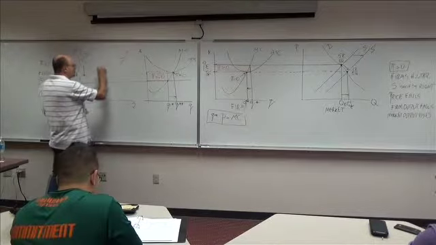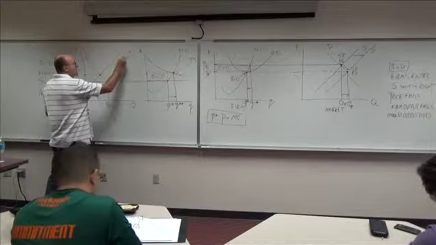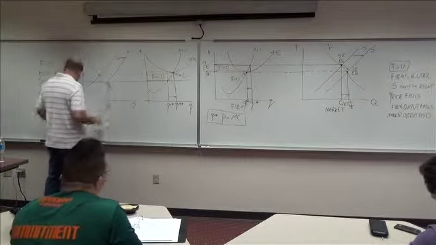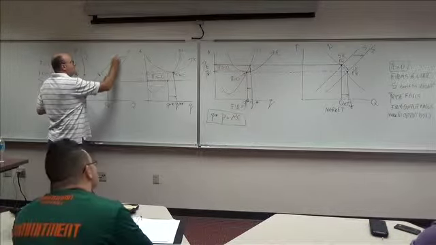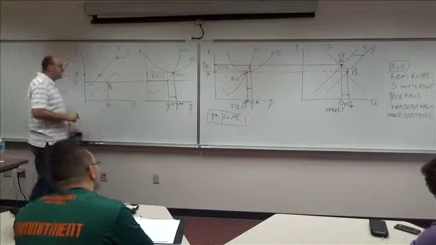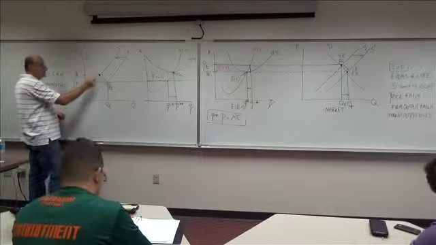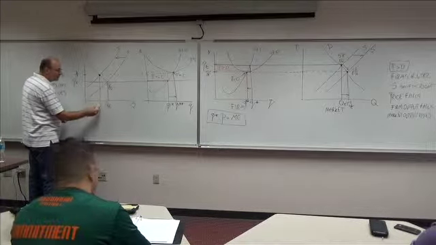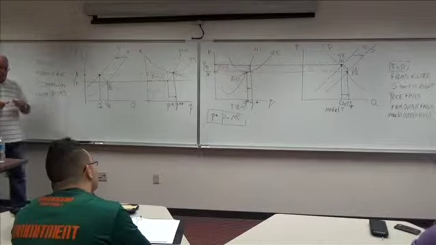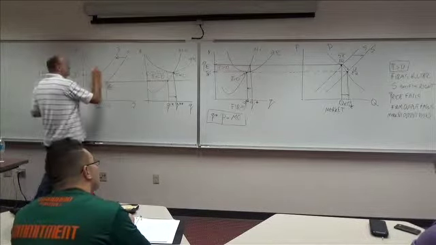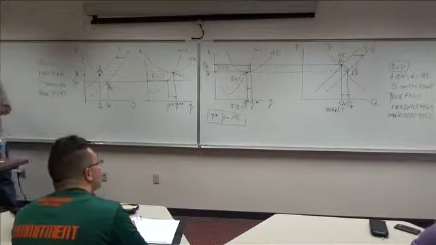As the supply shifts to the left, it shifts all the way to S prime, resulting in the new equilibrium quantity QE prime and price PE prime, and the industry is now in long-run equilibrium. Correct? Very good.